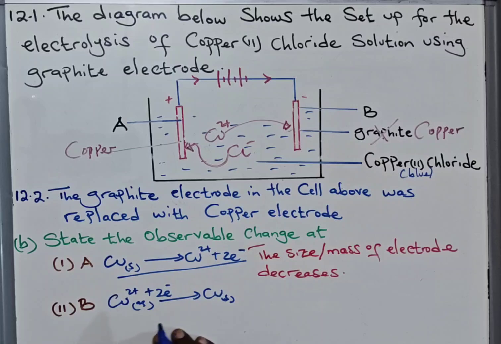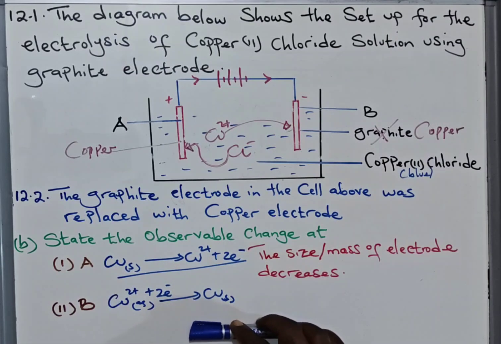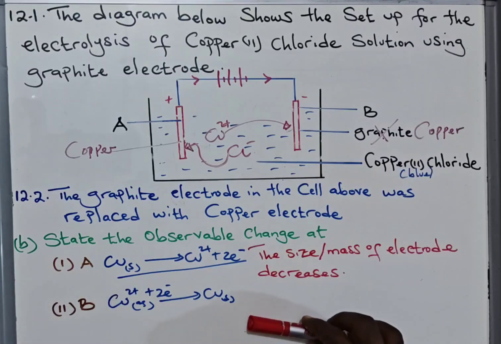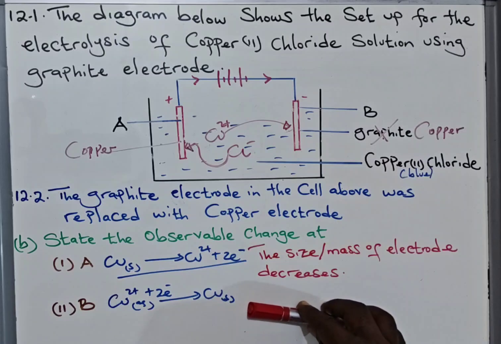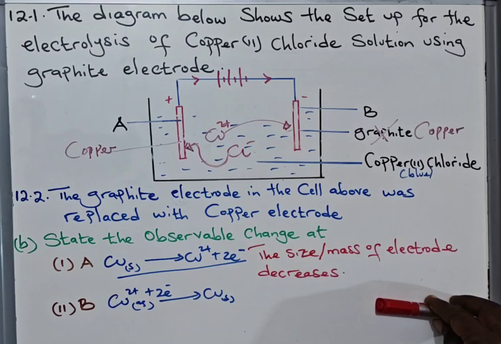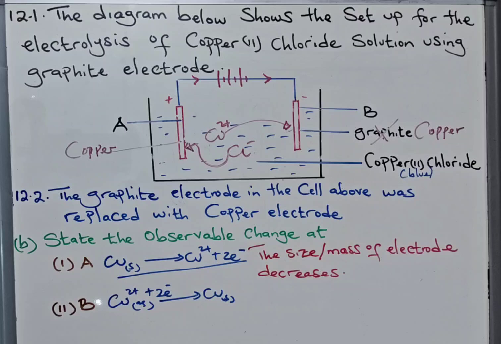So this is the reaction which takes place there. And the question is, what does this reaction lead to? So we need to observe that every time you have solid as the product of the half reaction, it means that electrode is increasing in size or mass. So what are you going to say? The size or mass of electrode increases.